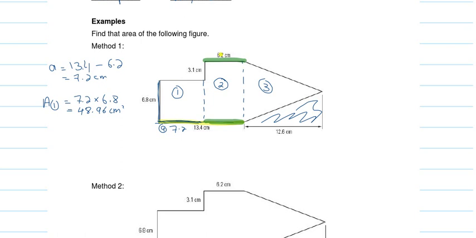Now for my second shape, do I know what my length and width are? Yes. So what are they? It's 6.2 and 9.9. And where do you get 9.9 from? 6.8 plus 3.1. That's right. So if you look at this right here, this is made up of 6.8 and 3.1.